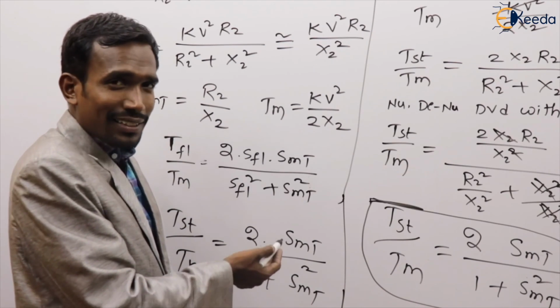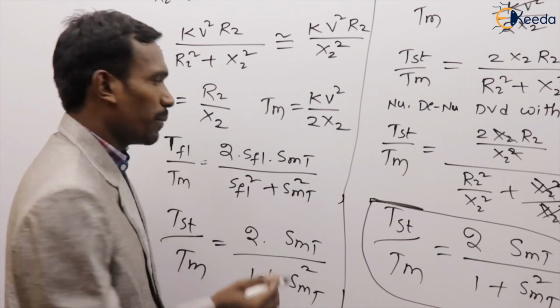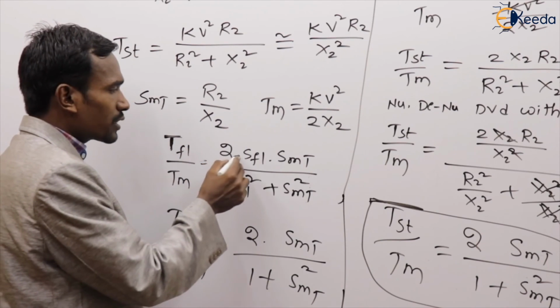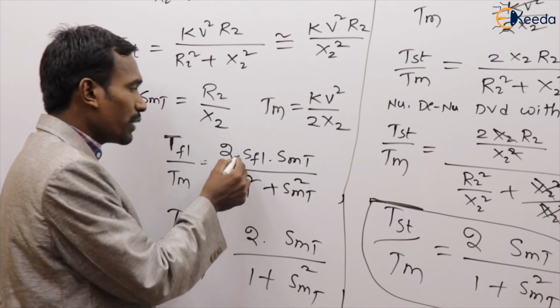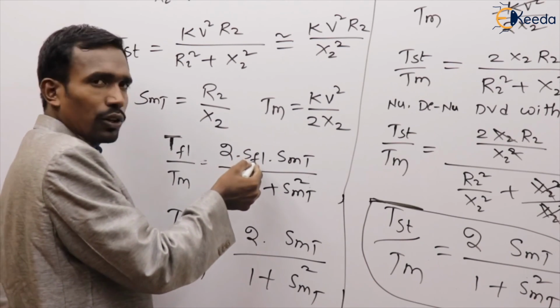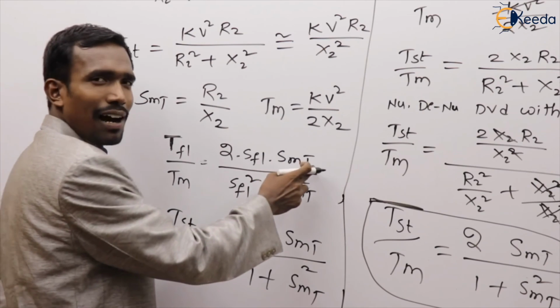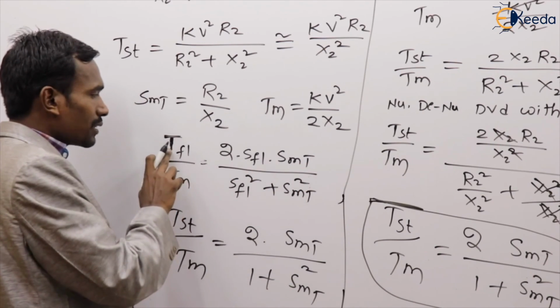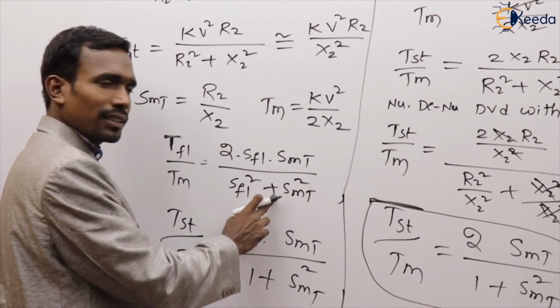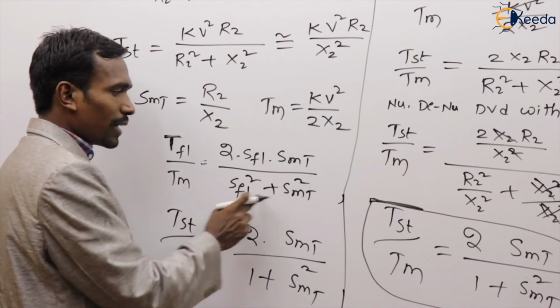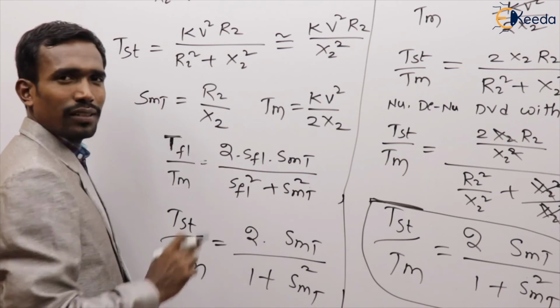Just see: the full load torque to the maximum torque ratio is 2 into slip at full load into slip at maximum torque, divided by slip at full load square plus slip at maximum torque square.